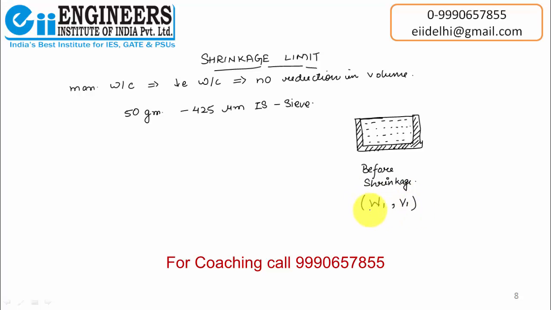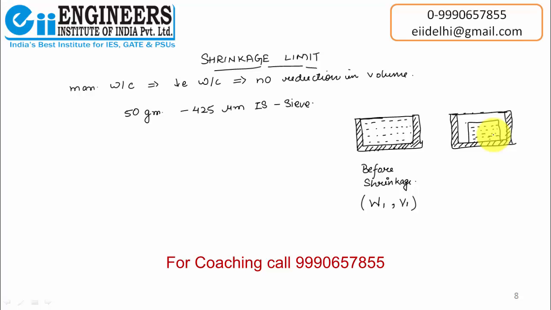Now, after that, we are going to place it in the oven, and after placing it in the oven, its volume starts reducing. The volume of the soil specimen that we have kept inside will start reducing. Let this be the soil mass after the reduction. Initially it was up to here, now it has come till here.